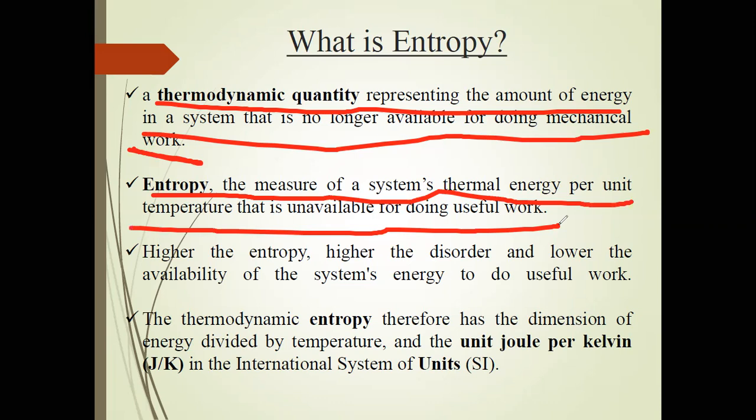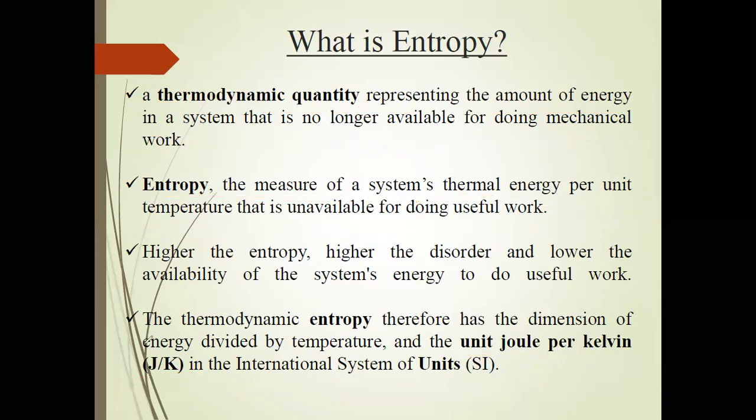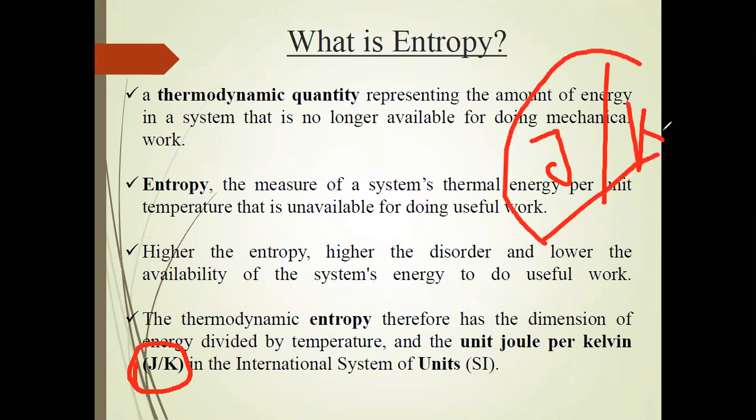Finally, the unit of entropy is joule per Kelvin in the international unit system, the SI system. What I recommend is that you remember entropy as a heat energy parameter, but definitely in joule per Kelvin. That means per Kelvin of temperature increase, the amount of heat we require is known as entropy.